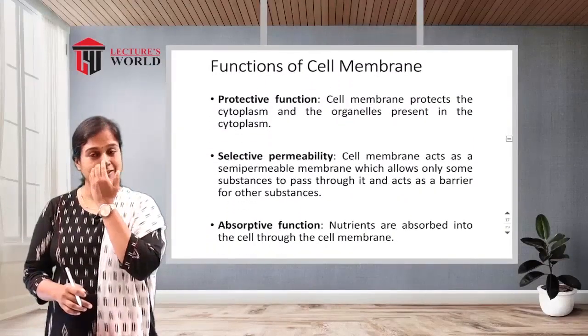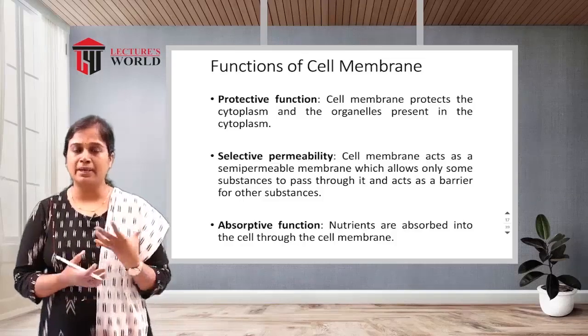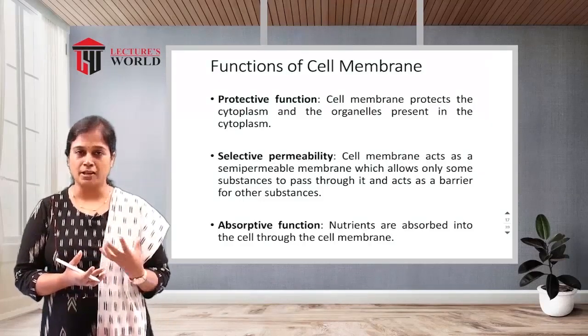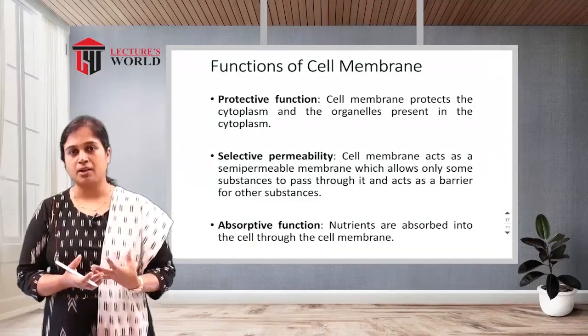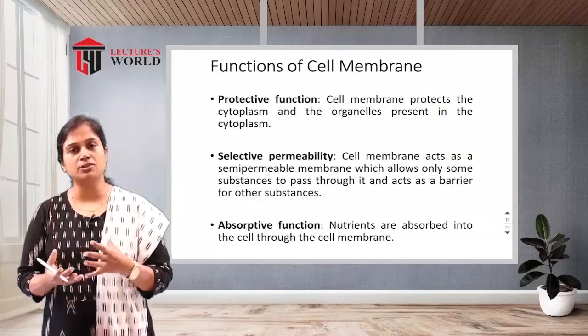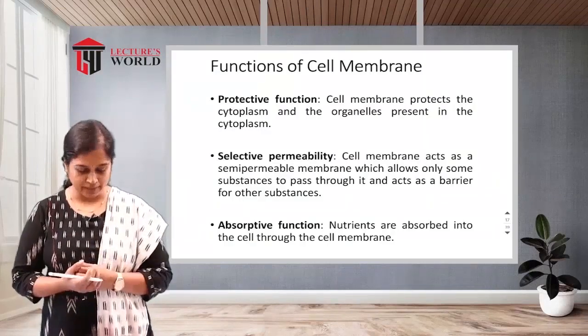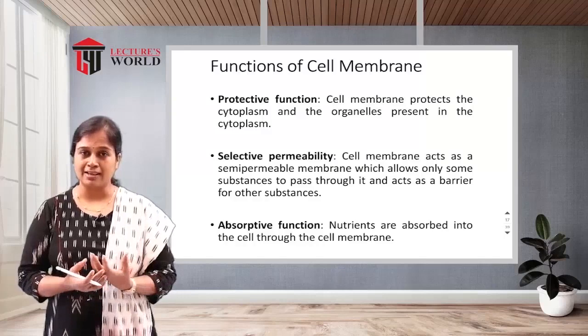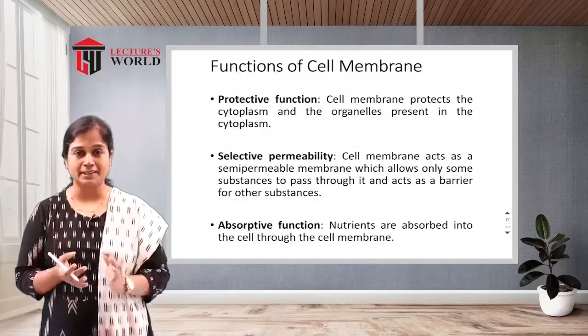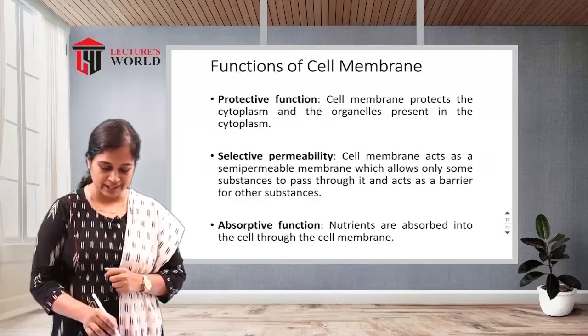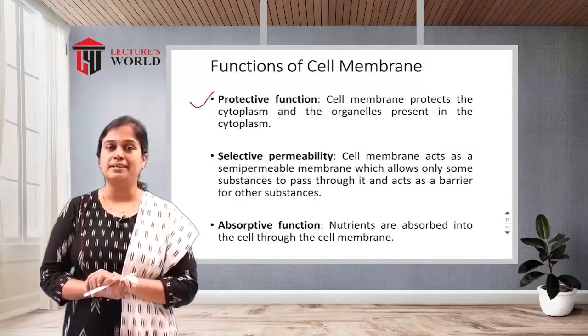Now we saw what the plasma membrane is made up of, its composition and its structure. Now we will see the functions of the cell membrane. Which are the functions? As we know, it is a layer, a covering. So the first function is always the protective function.